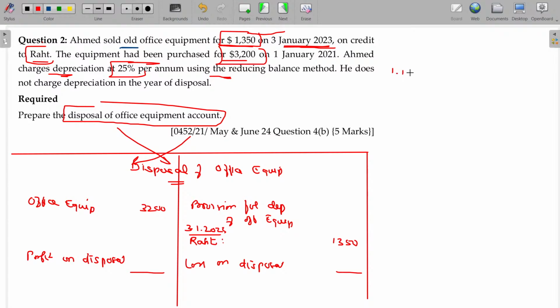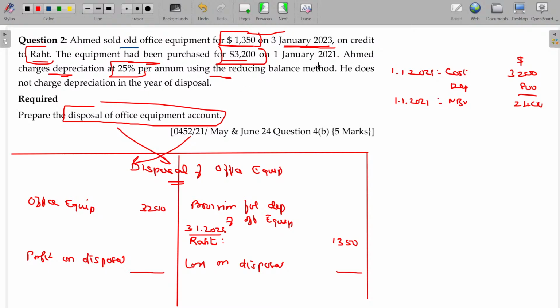The asset purchased on 1/1/21, cost being $3,200. Depreciation for the first year at the rate of 25% is 800 for the year 2021. Then on 1/1/2022, net book value being 2,400.